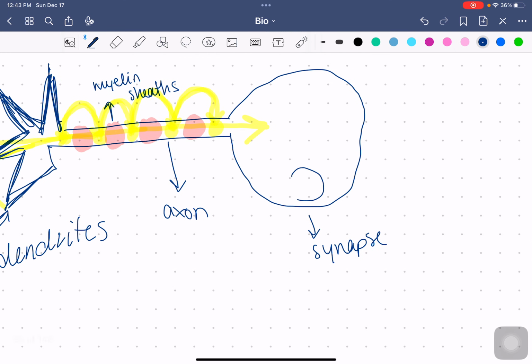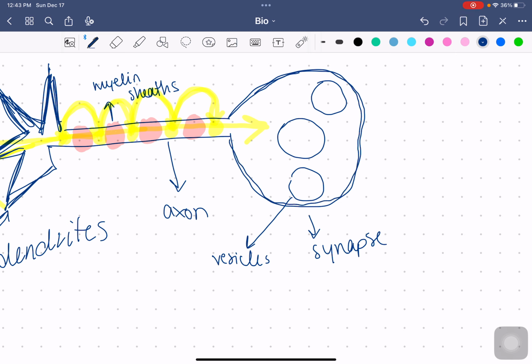In the synapse, we have these little vesicles. They're made out of the same material as the cell membrane, and what's in them is more important, which is the neurotransmitters. So we're going to have a bunch of neurotransmitters in all of these little vesicles, and this whole area is going to be called the synaptic sac.